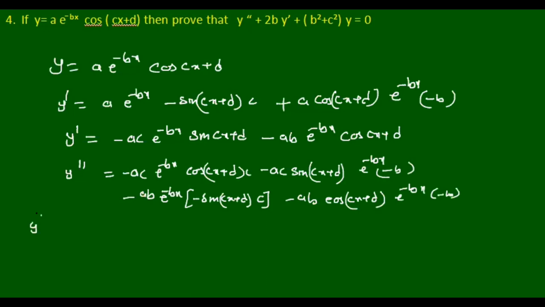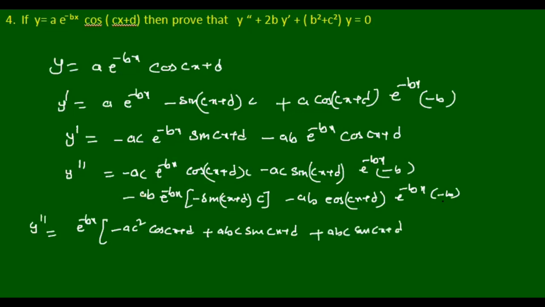So y double dash is equal to, you take e power minus bx common, the remaining is minus ac square cos of cx plus d plus abc sin of cx plus d plus abc sin of cx plus d, and then ab square cos of cx plus d.